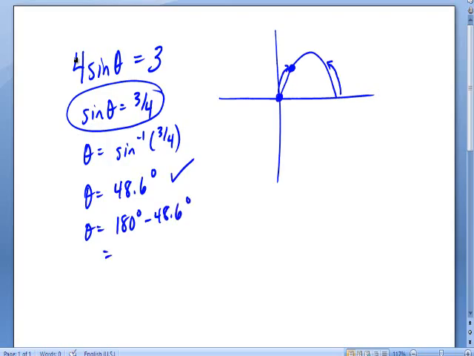So our second solution is going to be at around 131.4 degrees. So both of these solutions are legitimate, but again, your calculator will only give you the first solution. You have to know enough about trig functions to come up with more solutions if they do exist.